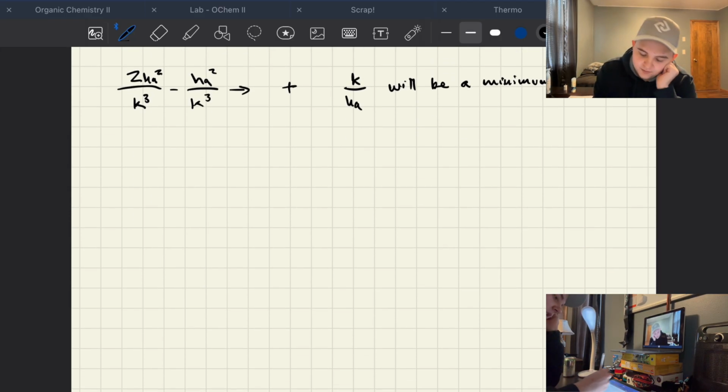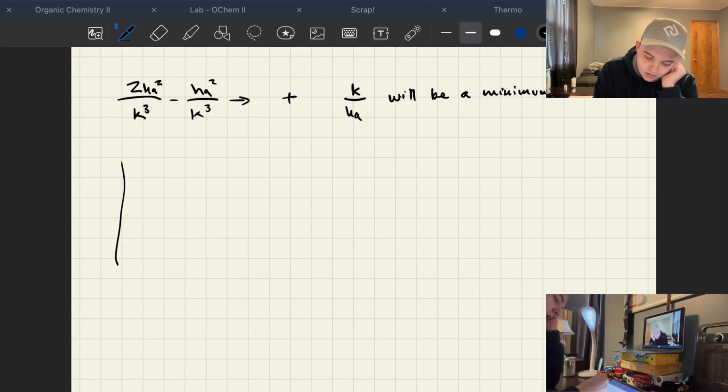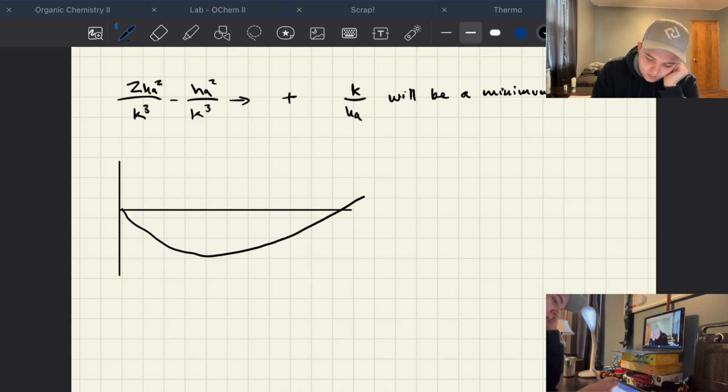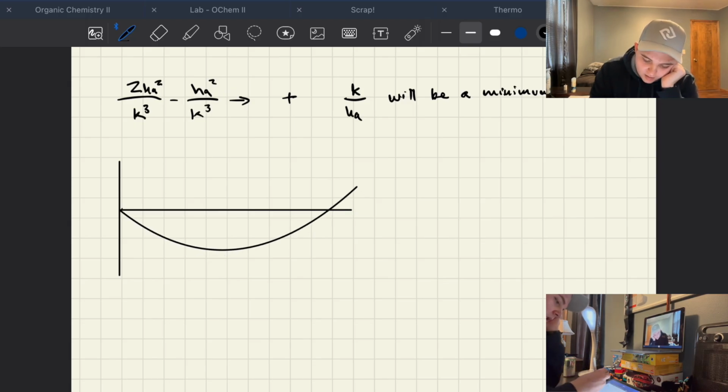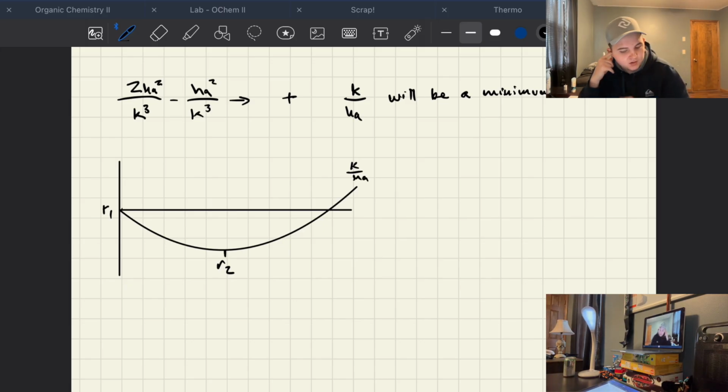So now jumping into part C, I'm just going to draw this here. So we'll have a minimum and then we'll start to come back up. Hopefully that was okay, cool. So this will be our R1 at the origin, and then here will be our R2 at the minimum, and K over HA is just our line.